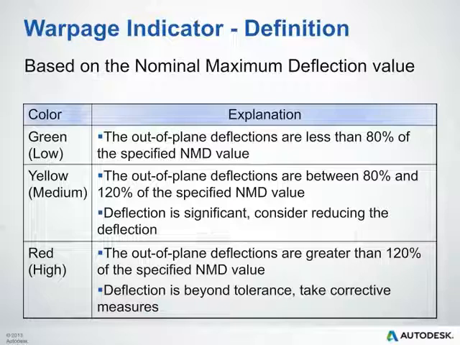If it's yellow, it's between 80% and 120% of that value, so you might want to keep an eye on these areas. Red means that those deflections are greater than 120%, so it's definitely beyond your tolerance, and you likely need to take corrective actions or measures to satisfy your modeling and design requirements.